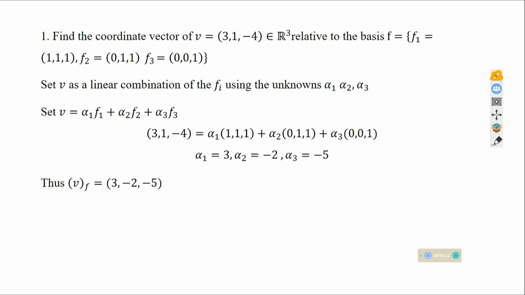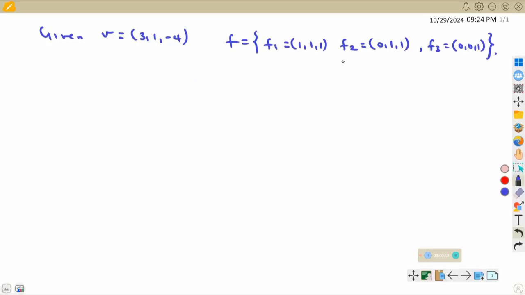Looking at that, we are given v, so we need to get the coordinate vector of v relative to the basis. The basis that we are considering for this case is actually an ordered basis. It is not an ordered basis.